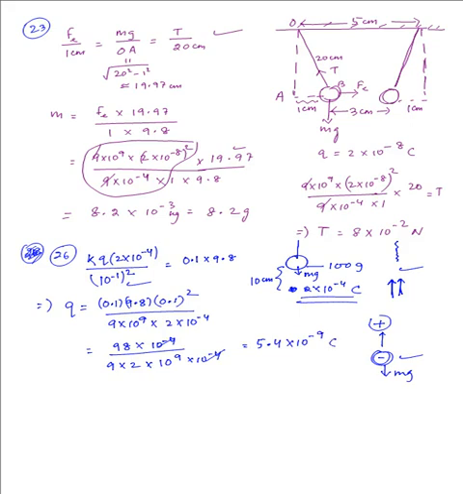Actually it will be a bit greater, because 98 over 18 will give us nearly 5.45. So you can keep that, 5.45 times 10 raised to the power minus 9 coulomb. As far as my calculation is concerned, you can try it yourself and find out if you get any different value.